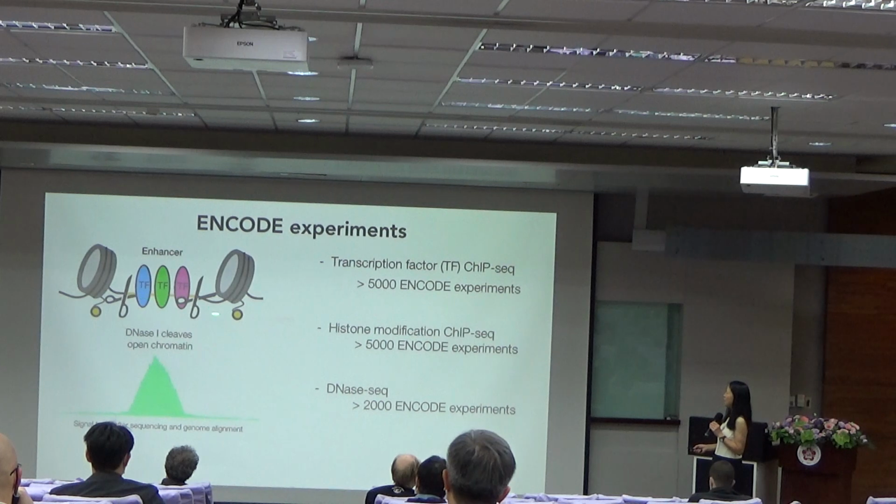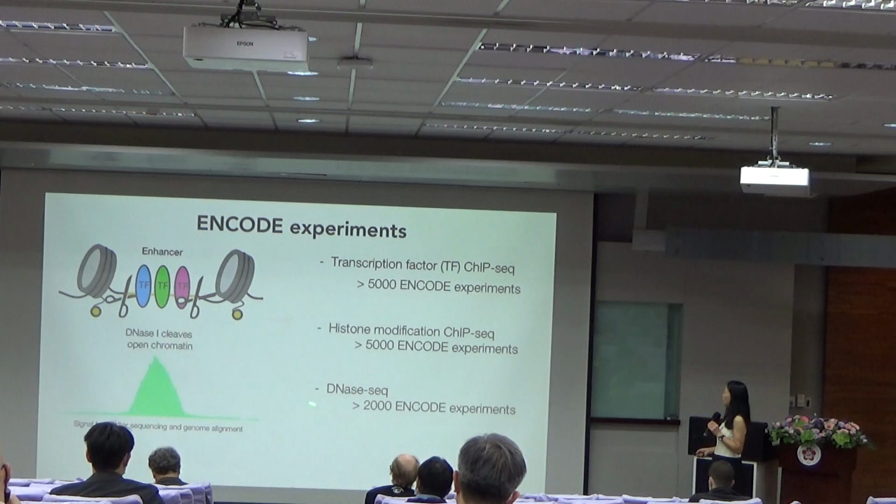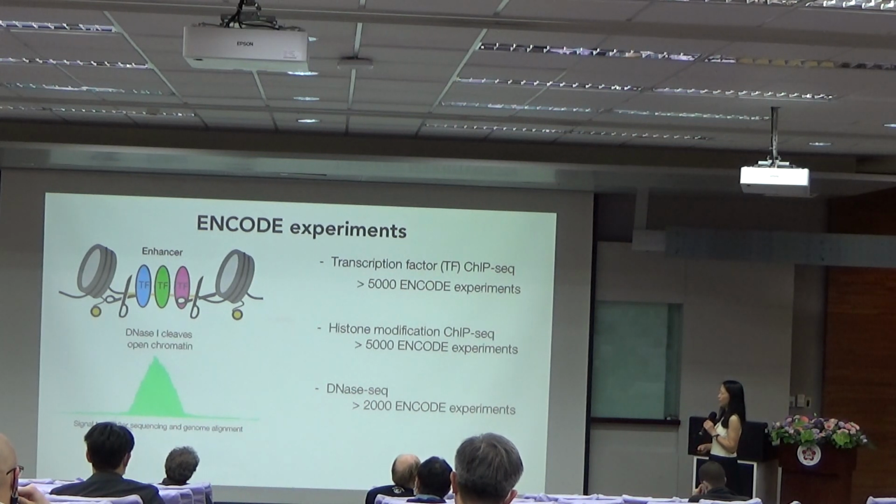You chew it up a little bit, not into bits and pieces, but into fragments, then pull out the region that's open and sequence those regions. You're probably more familiar with the ATAC-seq assay, which is similar to DNase-seq, but instead of using the endonuclease, it uses the Tn5 enzyme to intercalate transposase into the genome.